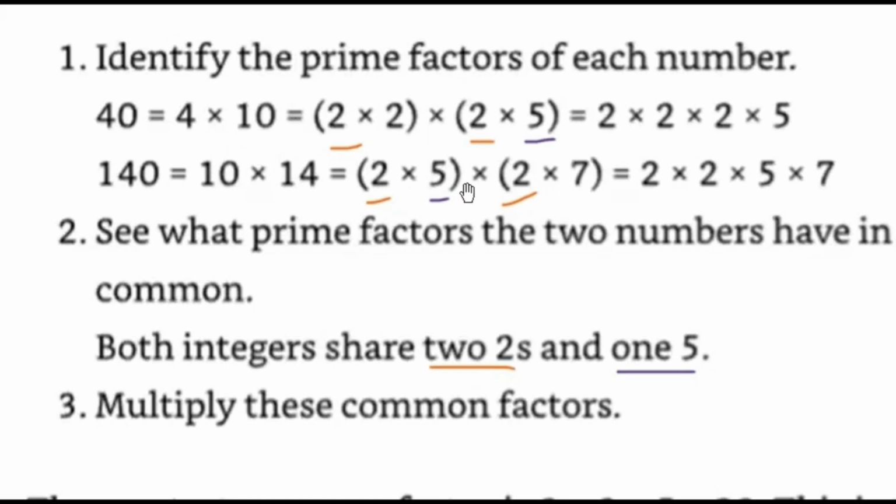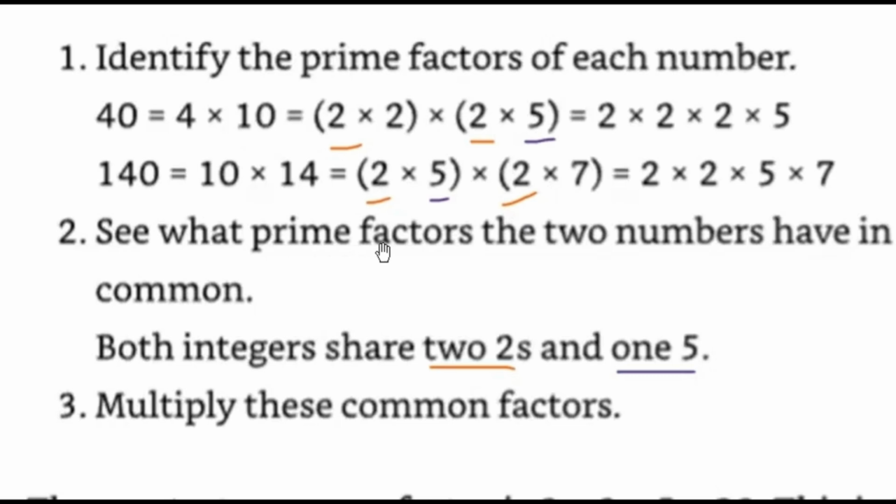And again, prime meaning they can only be divided by 1 and themselves. So 2 times 5 is 10, 2 times 7 is 14, and 10 times 14 is 140. So we have our prime factorization of 140.